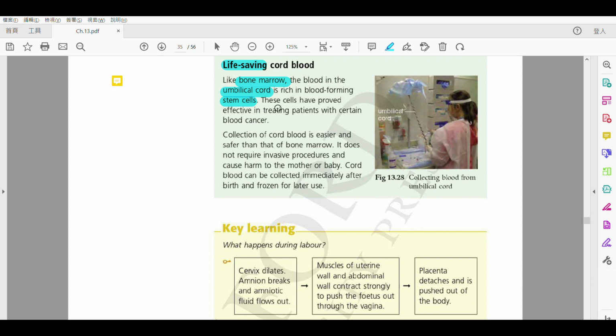And somehow these stem cells are effective 係有用㗎啦 to treat certain 某一啲嘅 blood cancer 血癌 also known as 骨癌啦，alright? So it requires transfer of bone marrow 係需要一啲近親啦，so it's like from your relatives, from family members, and then he or she will transfer the bone marrow to you, alright, to treat your bone or blood cancer. Okay, so somehow this umbilical cord, the stem cell inside can also treat the blood cancer.